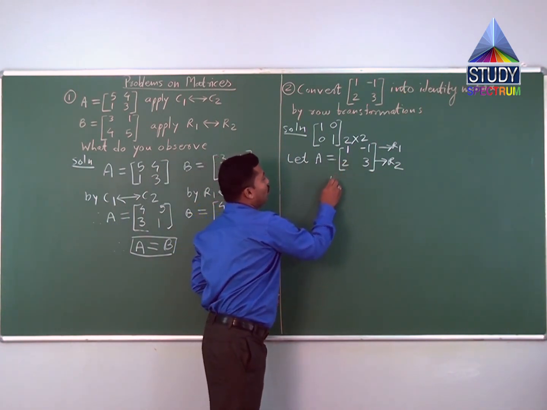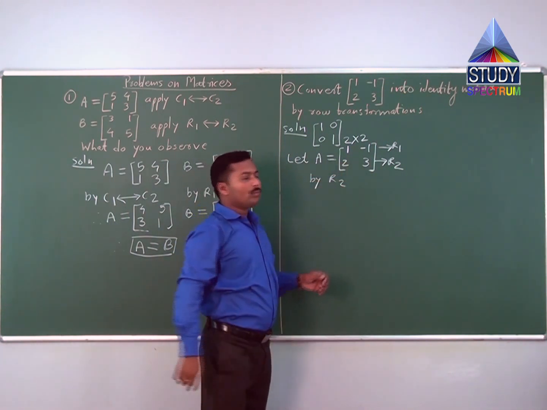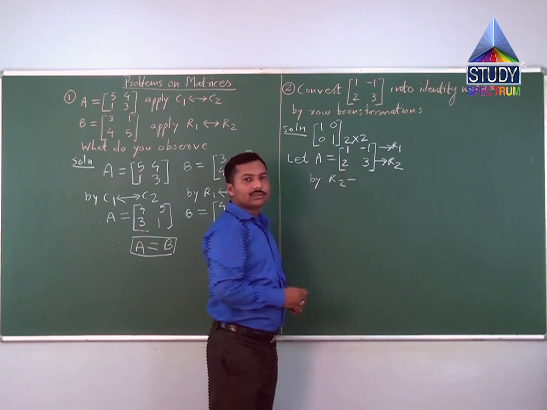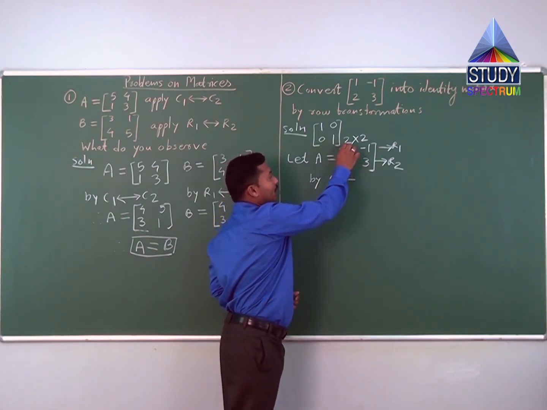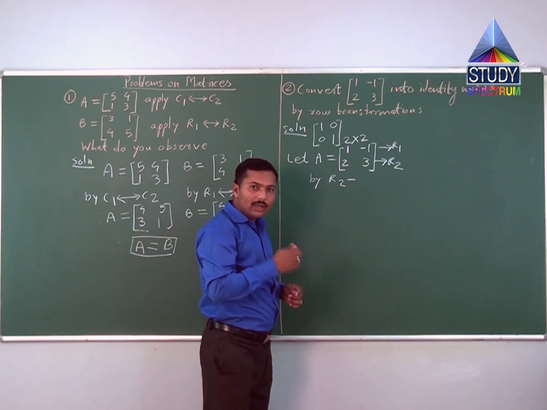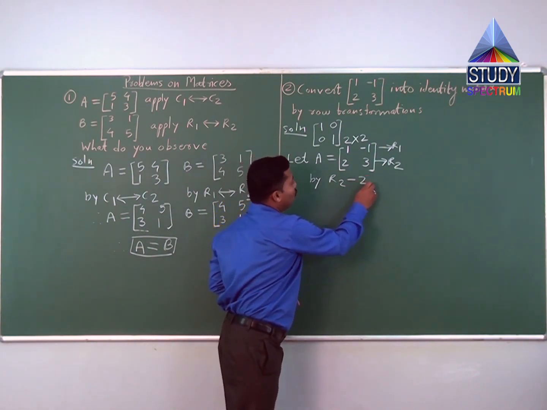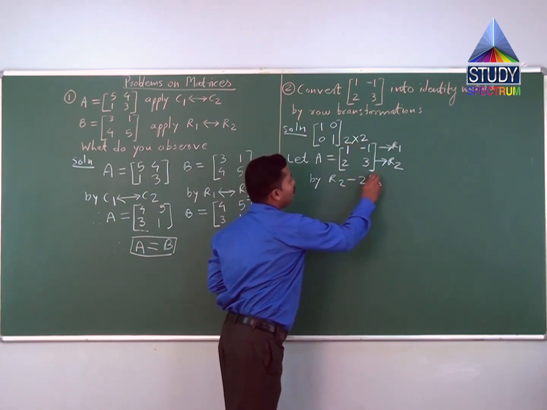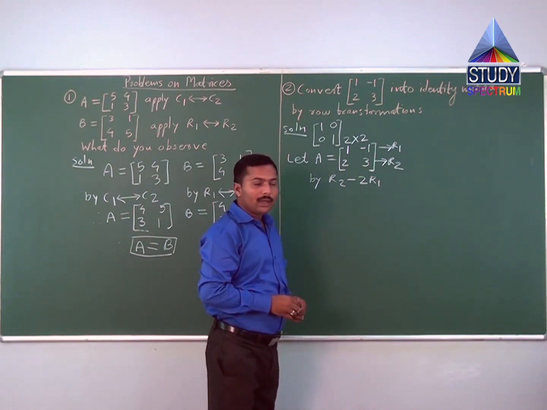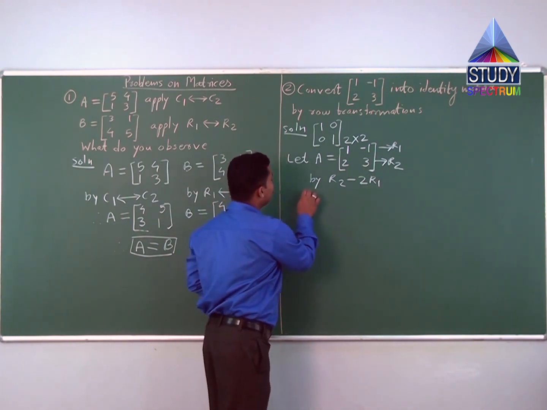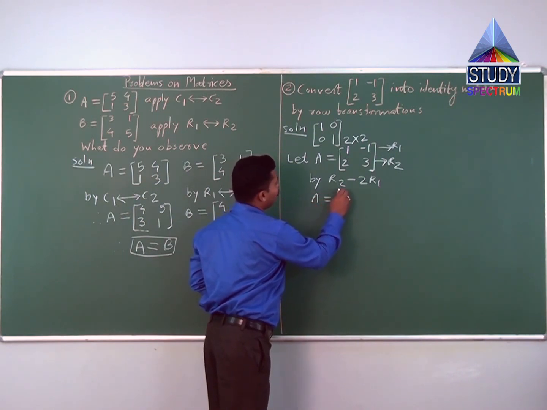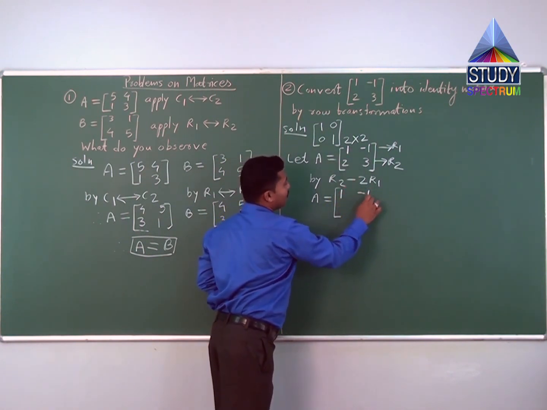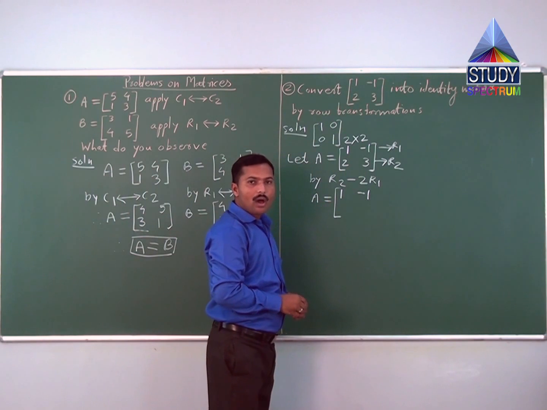So by R2, because 2 is a member of the second row, R2 minus 2. Multiplying 1 by 2 gives 2, and 2 minus 2 is 0, so we use 2 times R1. So by R2 minus 2 R1, what do we get? A equals: the first row as it is, because only the second row changes.